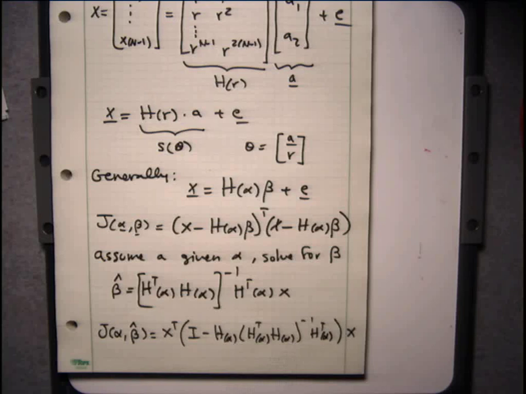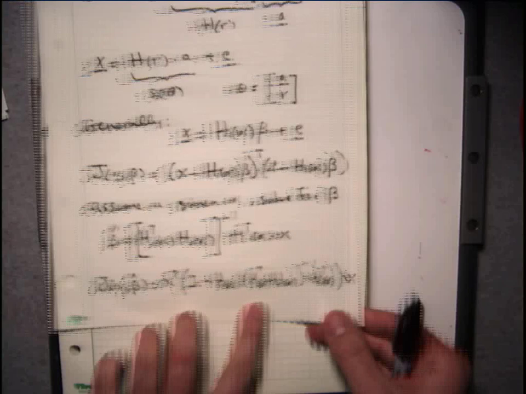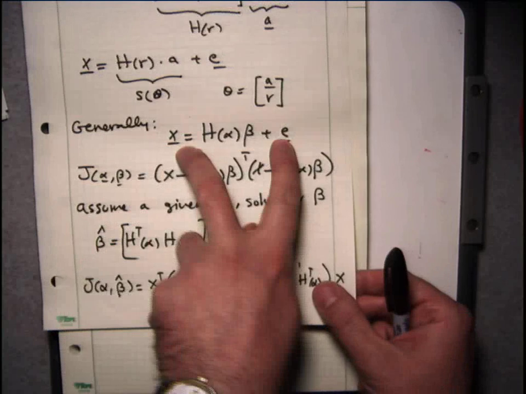So by virtue of picking an alpha, solving for beta, and plugging it in here, we've turned J into an expression which is basically the projection of x onto the subspace of signals spanned by the columns of h of alpha. Now we can try to minimize this cost function over the space of alphas. And this should typically be a lot easier than simultaneously solving for both.